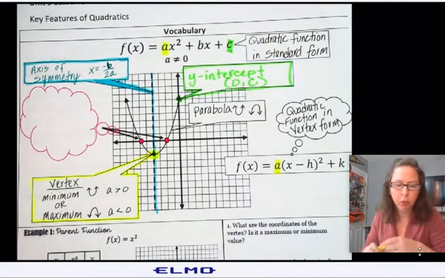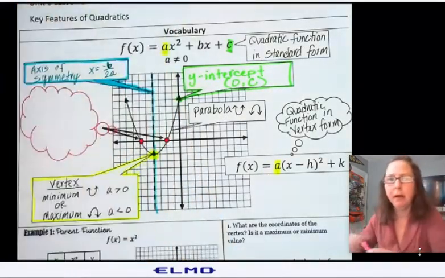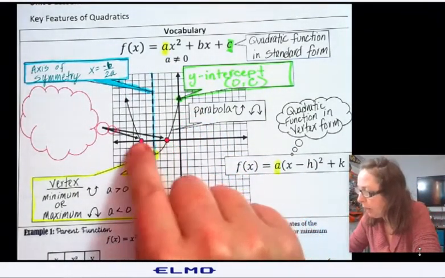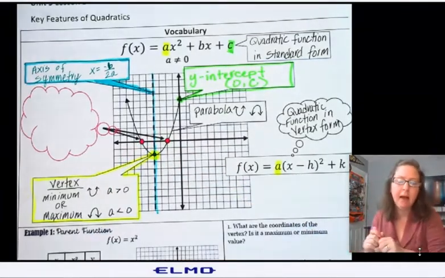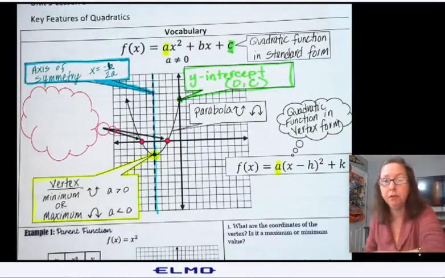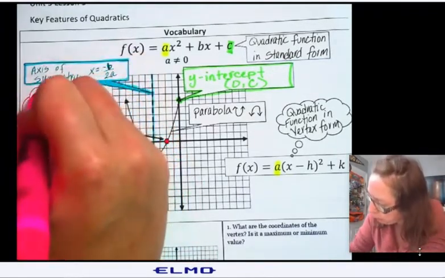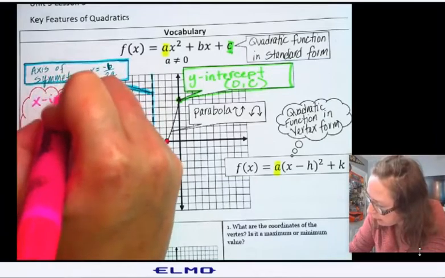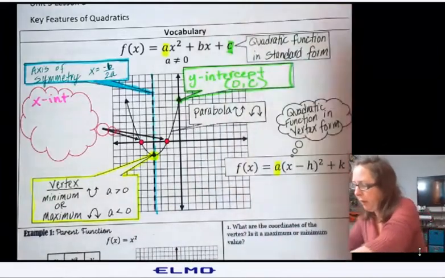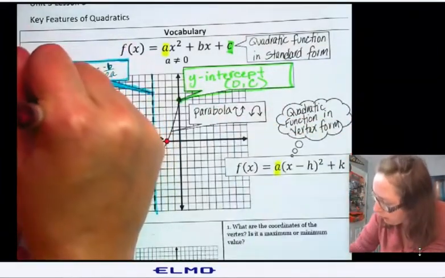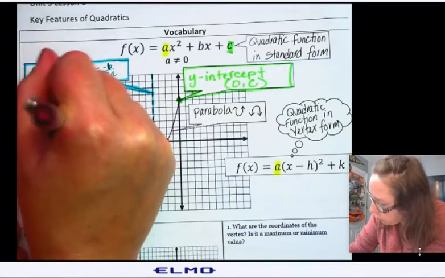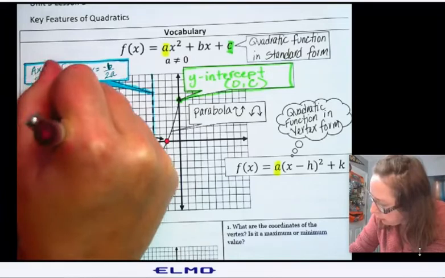Then we have just one more thing to talk about, and I've already colored them on your graphs. Where the parabola crosses the x-axis is called, well, lots of different things. They are the x-intercepts, but they could also be called the zeros, the roots, or the solutions.